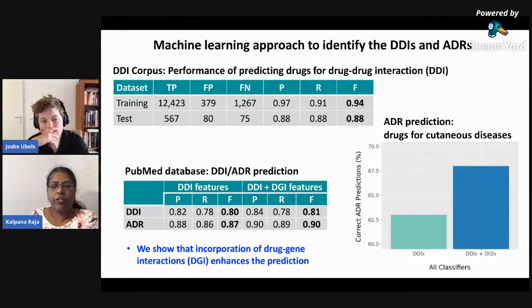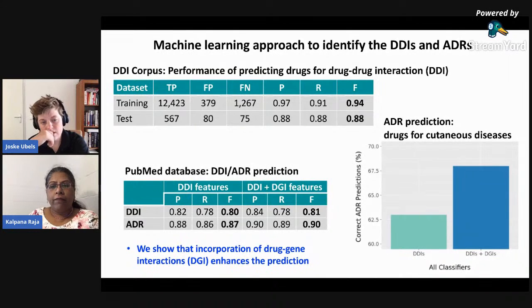When we combine the features together, we were able to increase the F score. We got 0.81 F score for drug-drug interaction and 0.9 for ADR. Thus, we show that by incorporating drug-gene interactions, we can enhance the predictions.